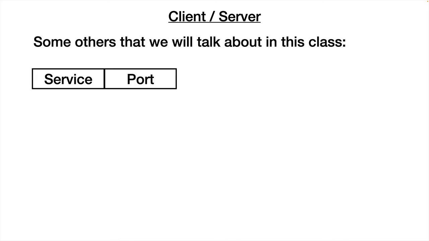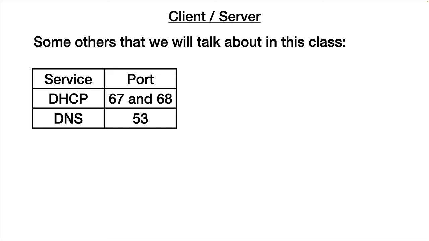Some others that we'll talk about over the course of this semester are DHCP. This was kind of written maybe by somebody who kind of brute forced and maybe hadn't written a lot of applications, but it actually uses 2 ports, ports 67 and 68.